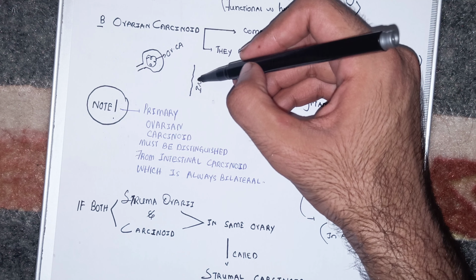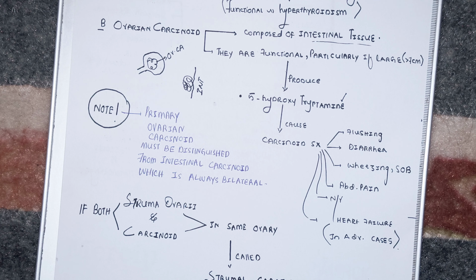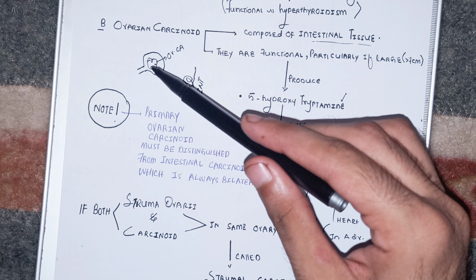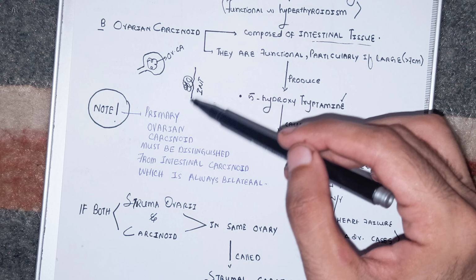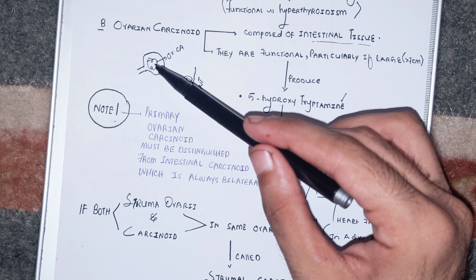Carcinoid can develop anywhere, especially carcinoid can develop in the intestine, carcinoid can develop in the ovary. But remember, very important thing, agar let's suppose I develop carcinoid in my intestine, it can go and metastasize to ovary.